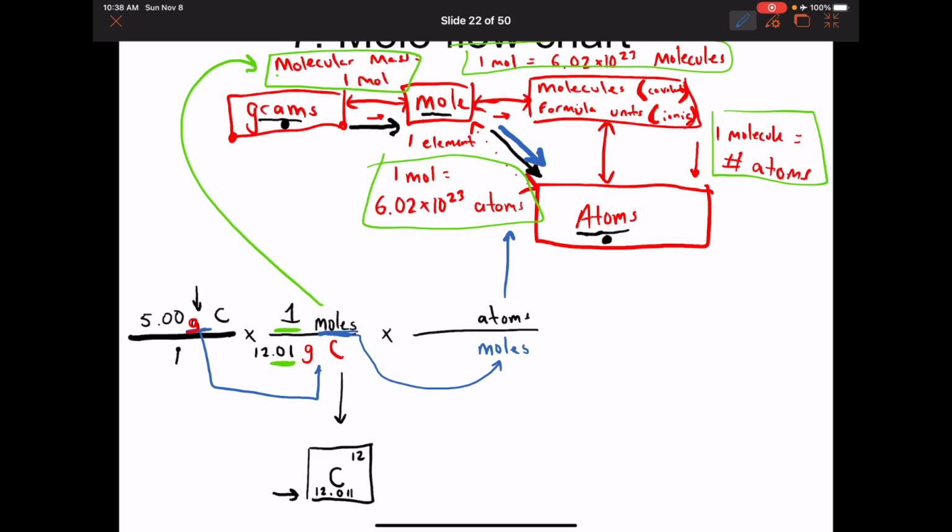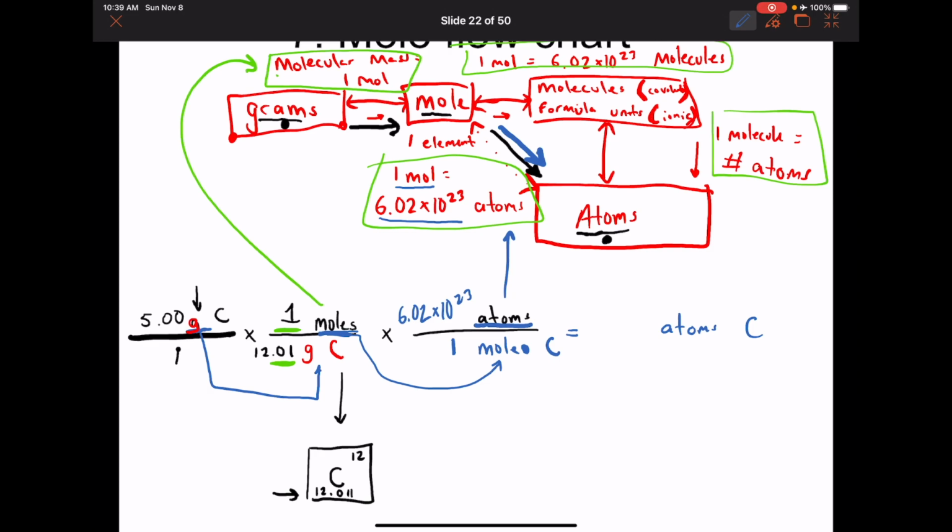So we have 1 mole, still 1 mole of carbon. So let's get rid of that S. And that equals 6.02 times 10 to the 23rd atoms. So now we have this number on the top, and we have atoms, which is what we're looking for. That's why we're going to stop here, because it's going to be atoms of carbon.